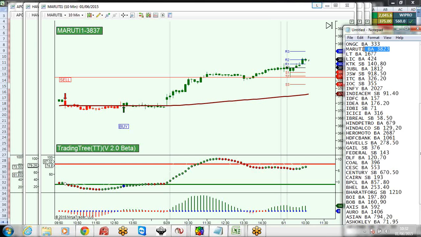So another, 3823 is the entry. Now it is at 3836.